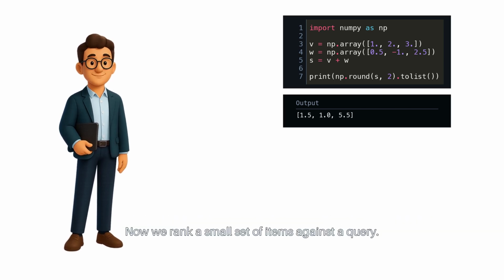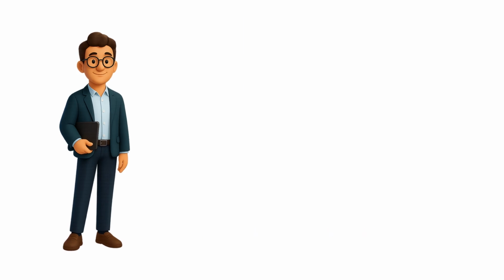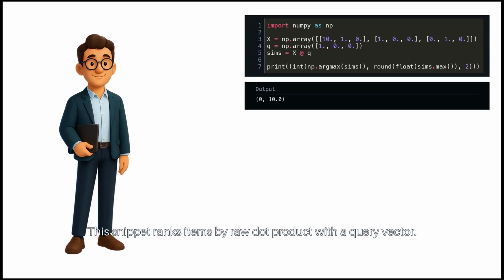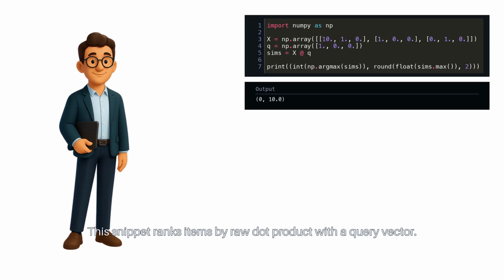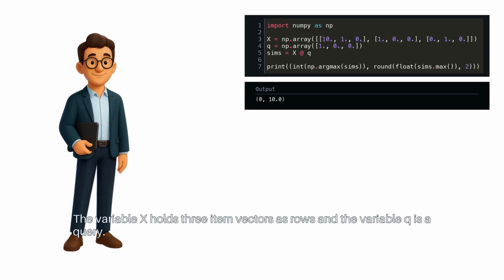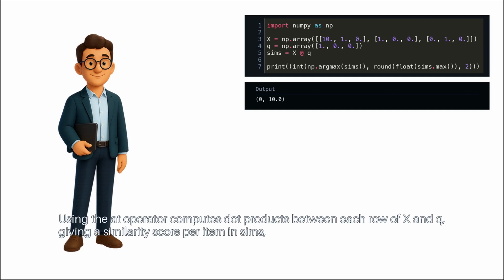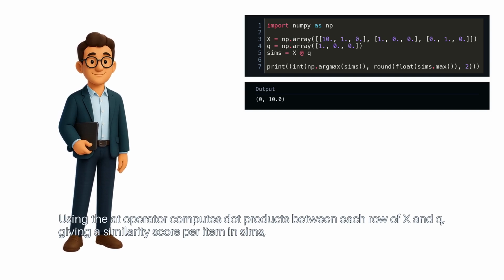Now we rank a small set of items against a query. This snippet ranks items by raw dot product with a query vector. The variable x holds 3 item vectors as rows, and the variable q is a query. Using the @ operator computes dot products between each row of x and q, giving a similarity score per item in sims.